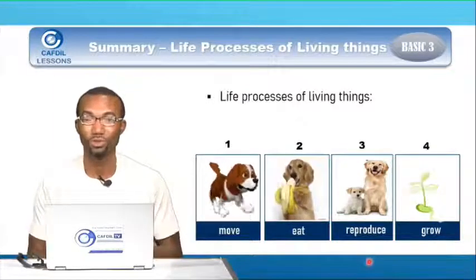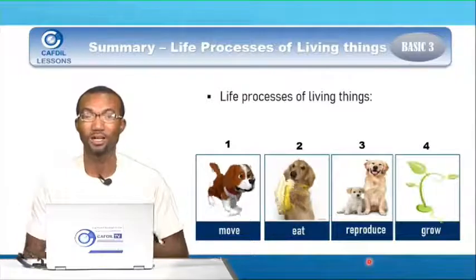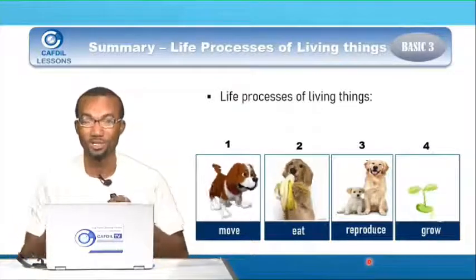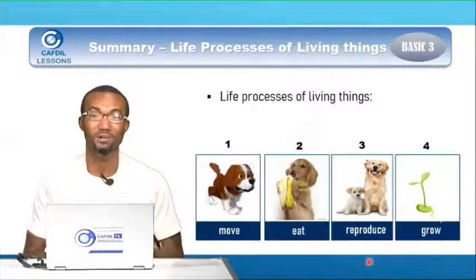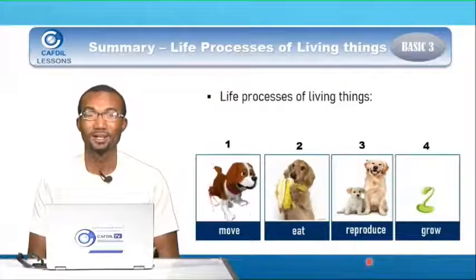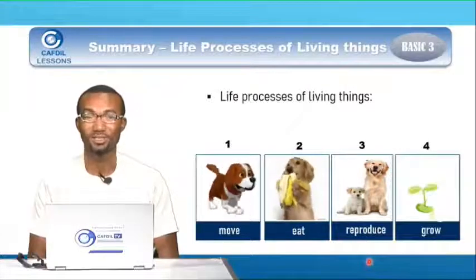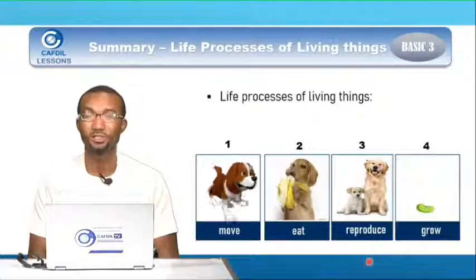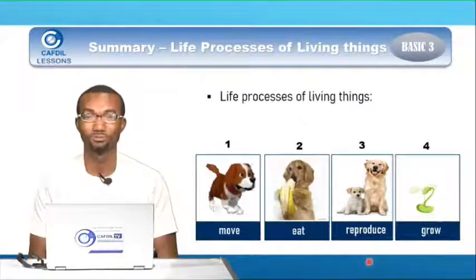Living things grow. They grow bigger and stronger into big men and women, into big animals, and into big plants. So Kate, these are the life processes of living things. We move, we eat, we reproduce, then we grow.